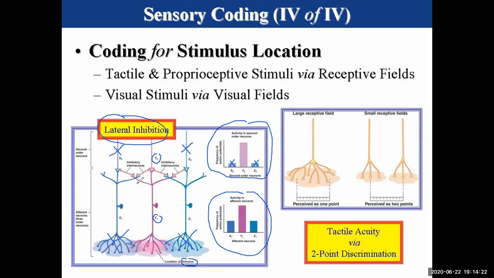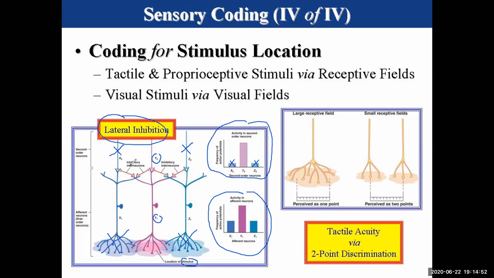How is it possible for Y1 to induce the interneuron here to go on to induce this axon terminal to release less neurotransmitter? The interaction between the inhibitory interneuron and Z1, we learned that concept: that's presynaptic inhibition.